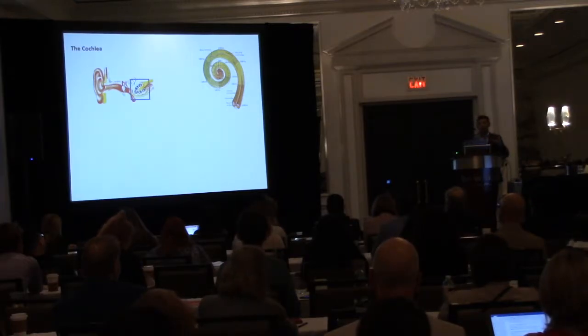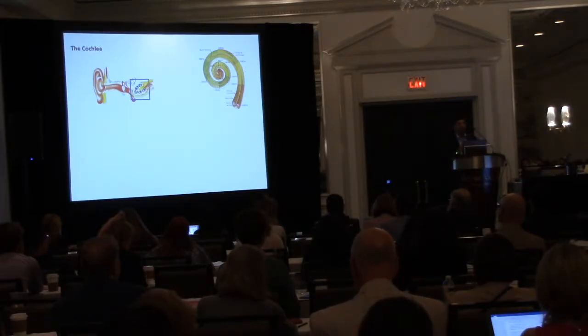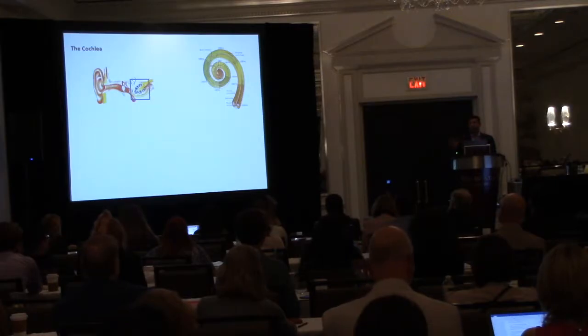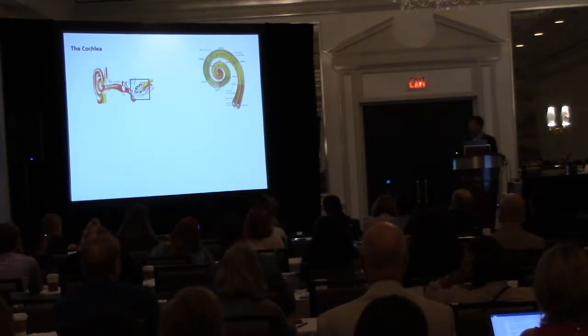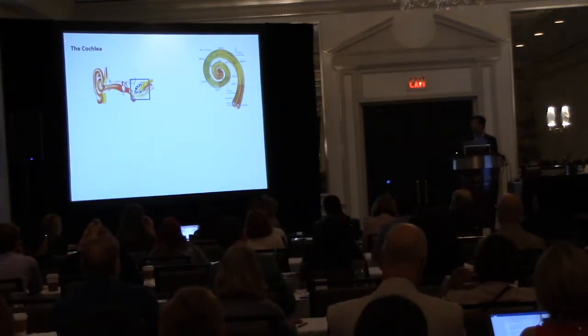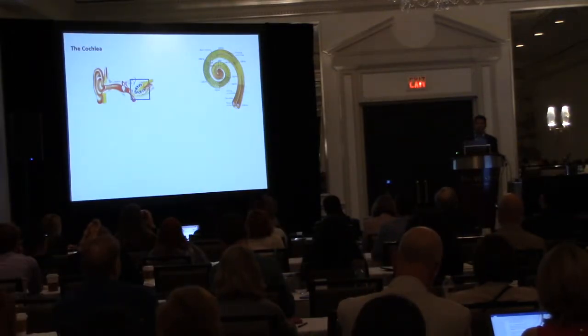It's thicker on one side and thinner on the other side. And because it has different physical properties, it has, along its length, different resonant frequencies, which means when the sound travels through it, depending on the frequency of the sound, some parts of the membrane move more than others.